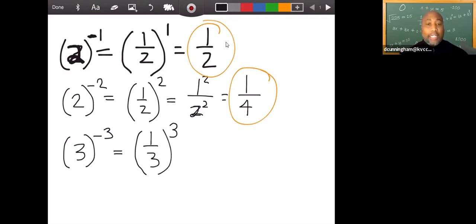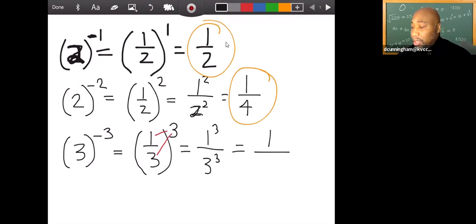And then the negative sign is gone. And then we'll just keep the 3 like we did previously. So this will be 1/3 to the 3, because we distribute. What I just basically did is distribute here. And this gives me 1 times 1 times 1, and 3 times 3 times 3. I believe it's 27, and it gives us 1/27 as a final answer.